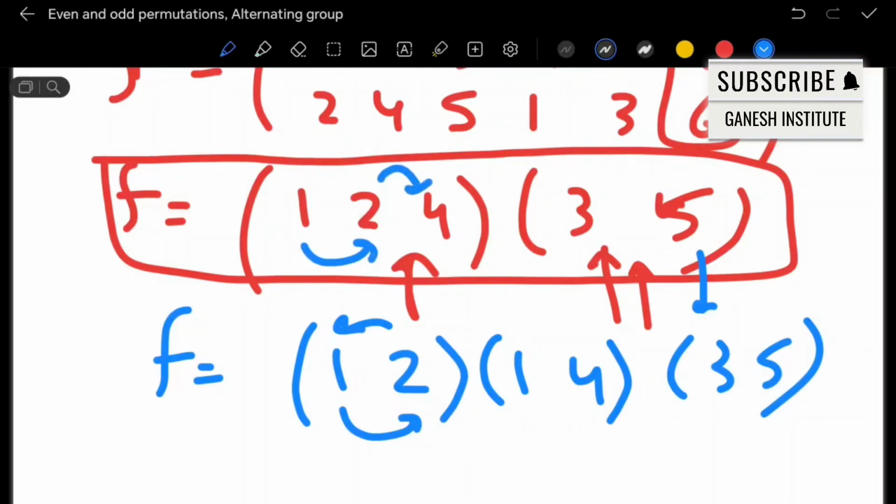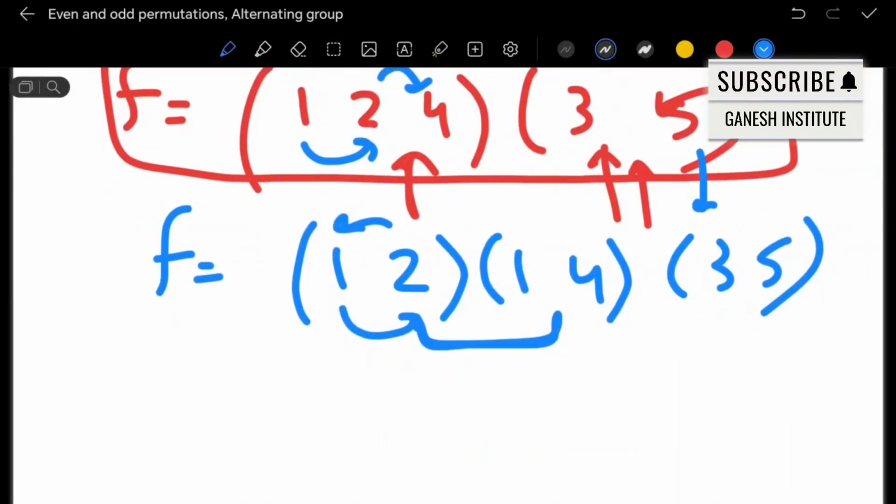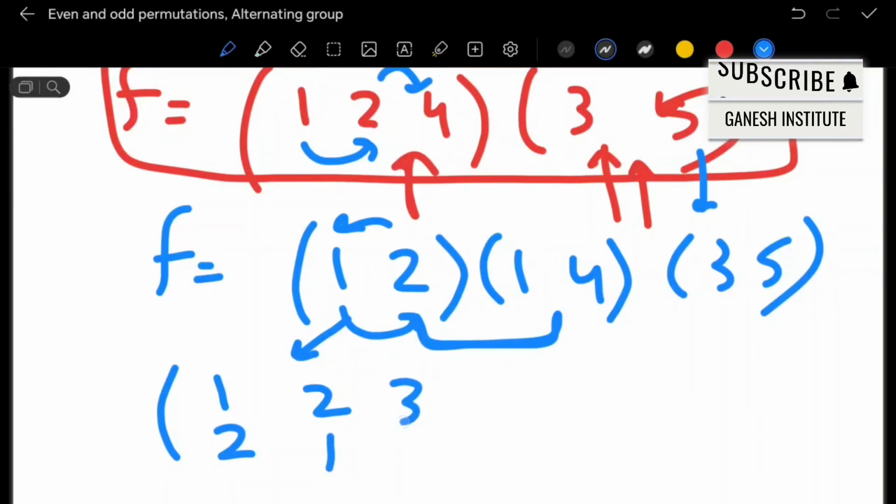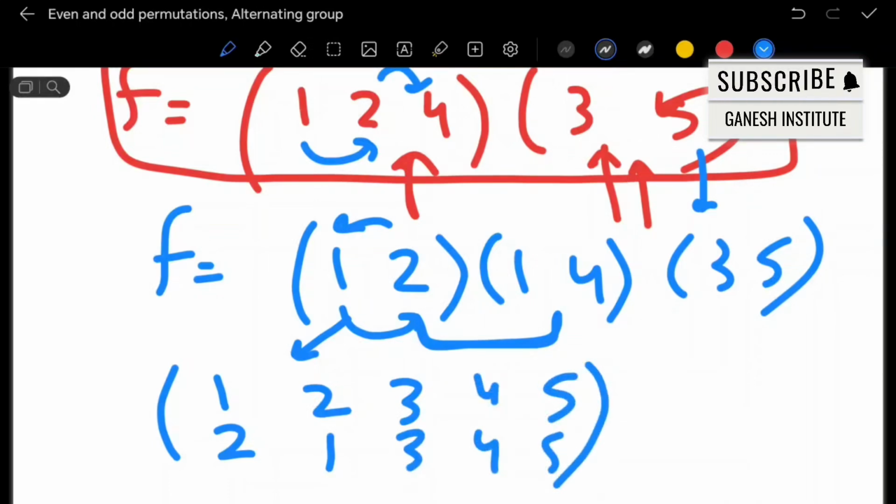If you solve these two, it is like a product of permutations. 1 is connected by 2 and 2 with 1, and all other elements, 3 with 3, 4 with 4, 5 with 5, and 6 with 6.